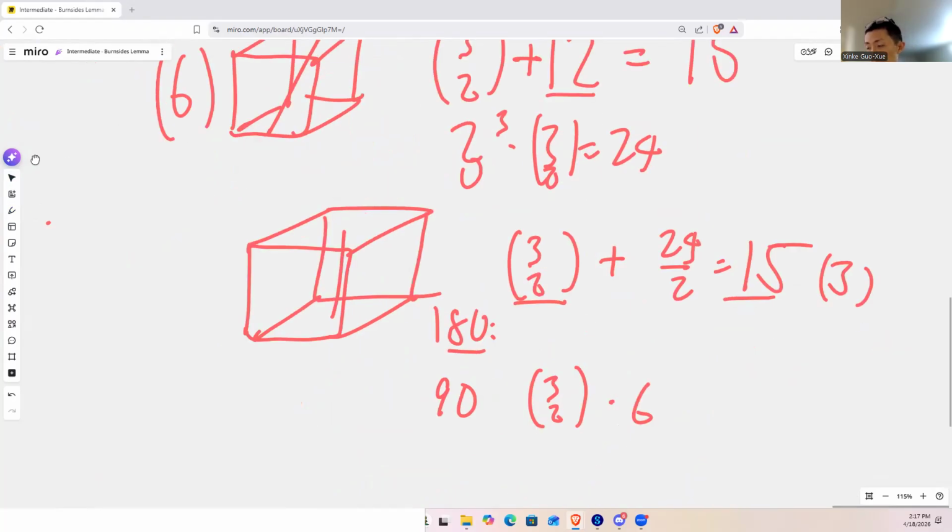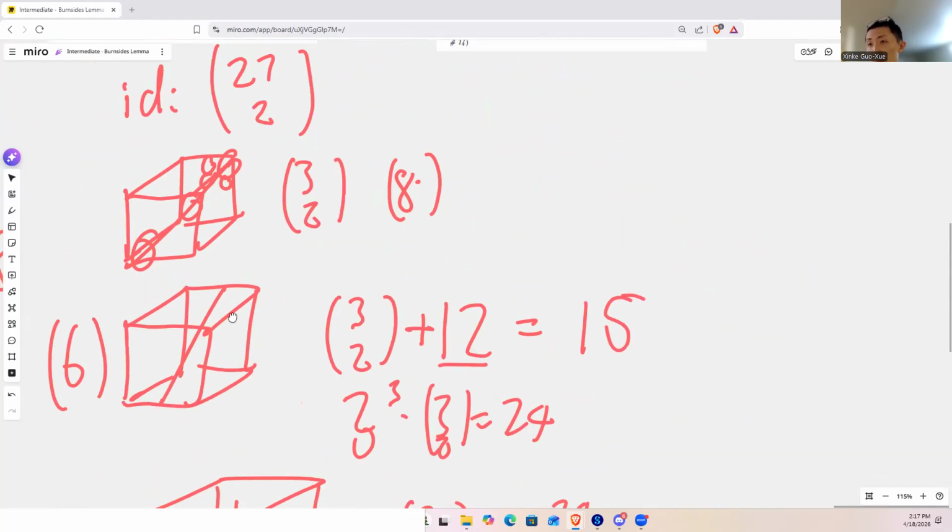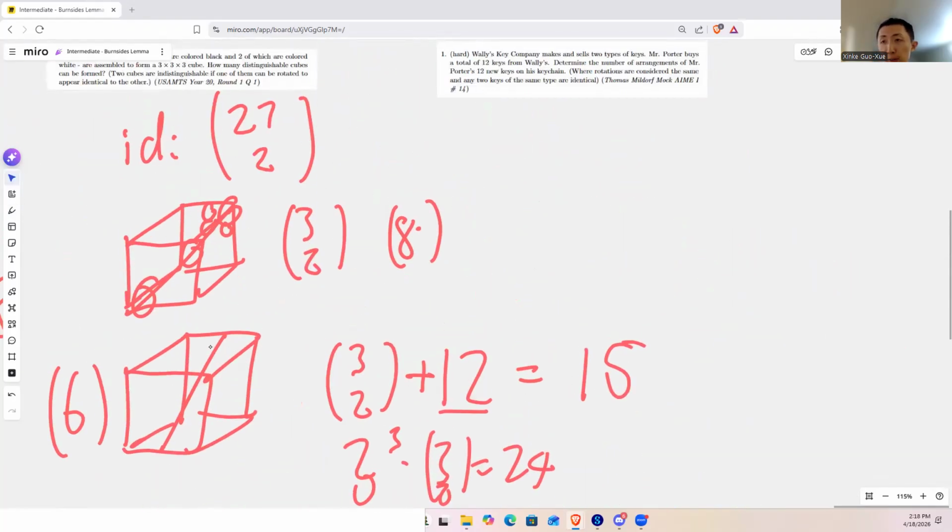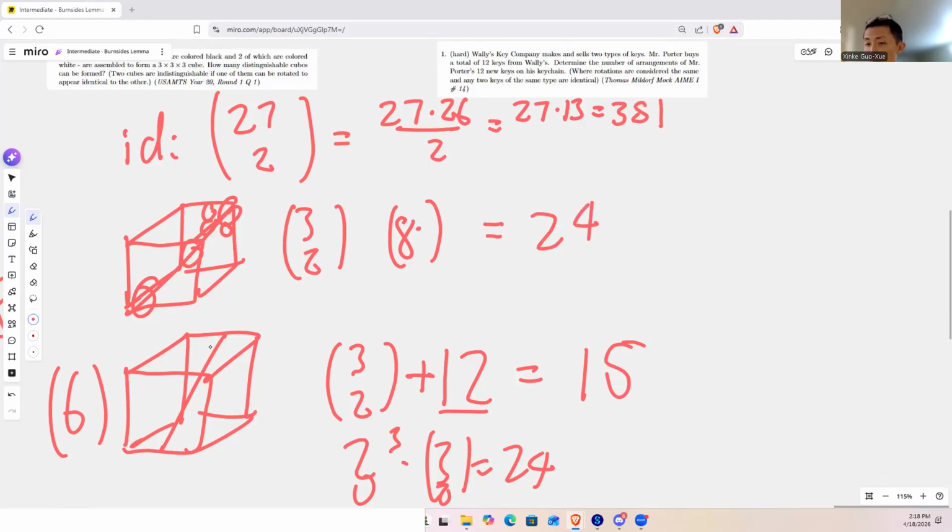Three like this and six like this. So, 6 times 15 is 90.